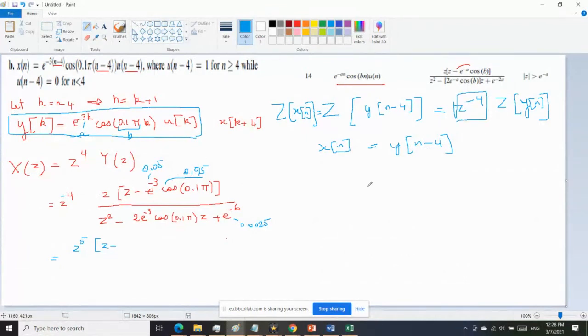So x is y shifted by minus 4. See y without the shift, x with the shift. Yes, okay.